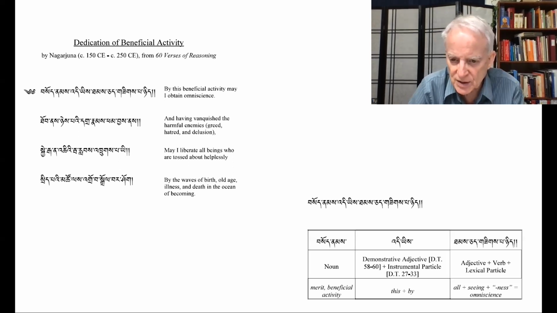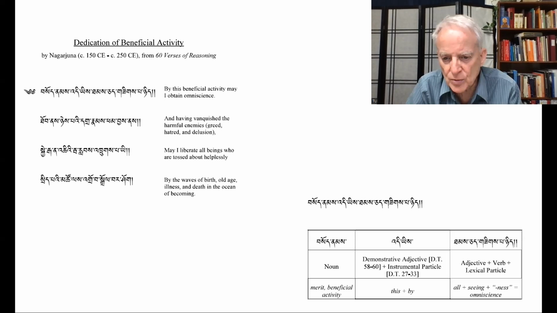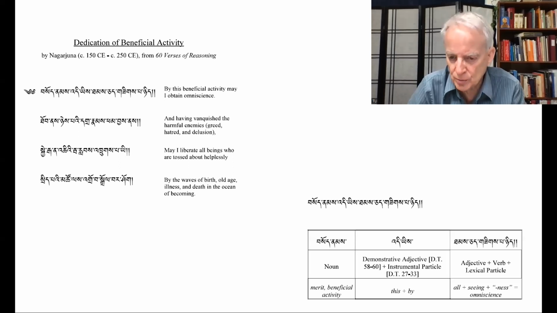So if you have the DT or the Divine Tree, then you can go there and learn more about these particles. Okay. And then that demonstrative adjective D, which means this, is followed by the instrumental particle ye, which can mean by, with, on account of, due to, many other things like that.